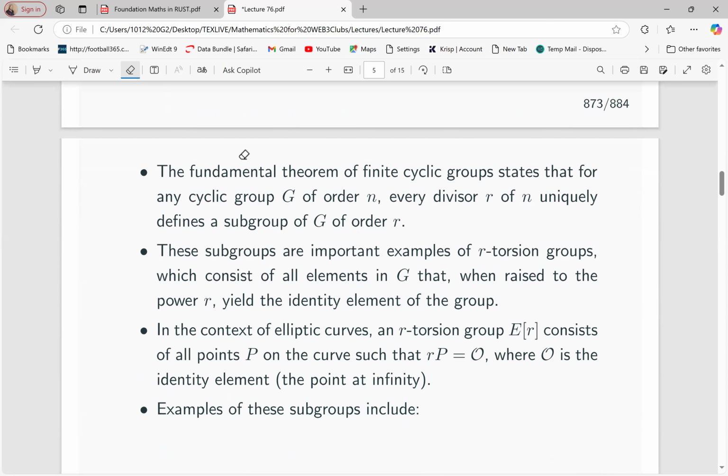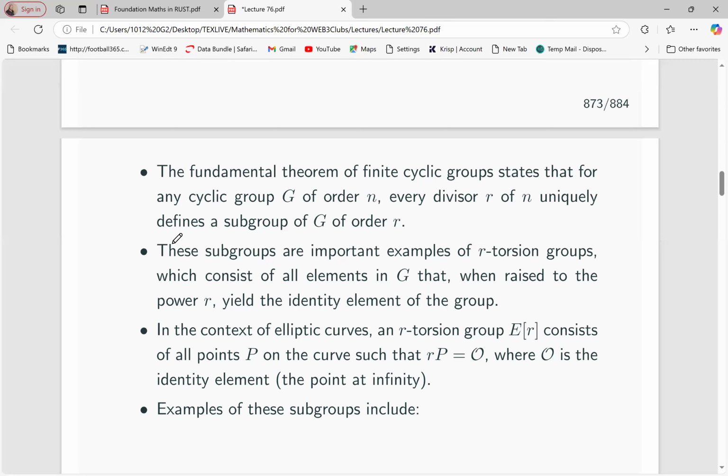Now, what is the fundamental theorem of finite groups? What does it say, and how relevant is it?